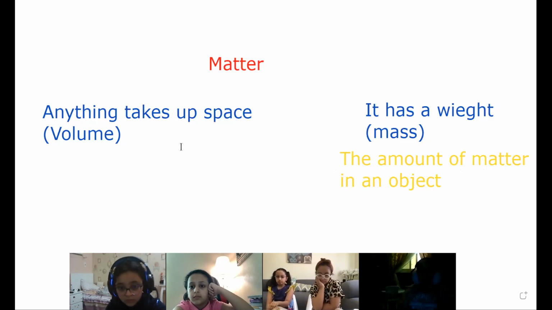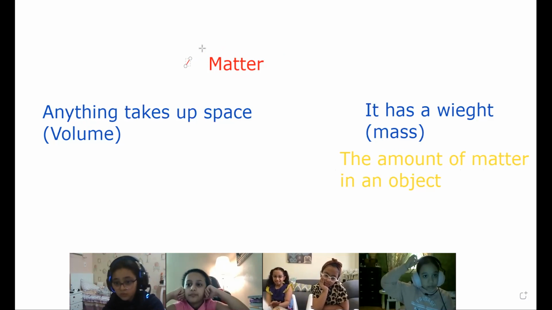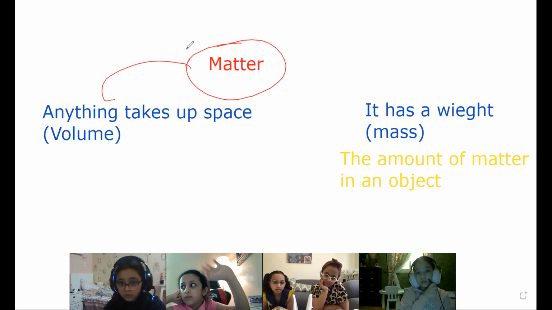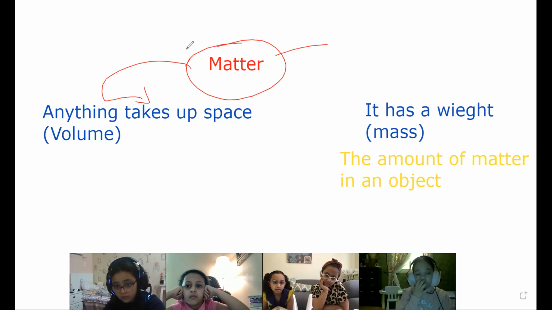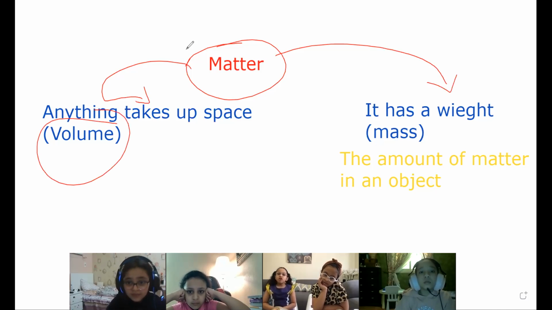Is it clear? Yeah. So you have matter. Matter is anything that takes up space and it has weight. So when you talk about the space that something takes up, you're talking about the volume.